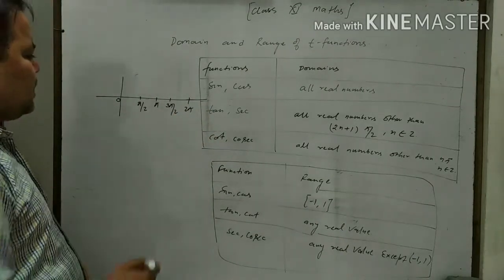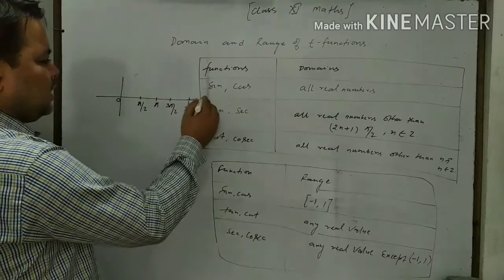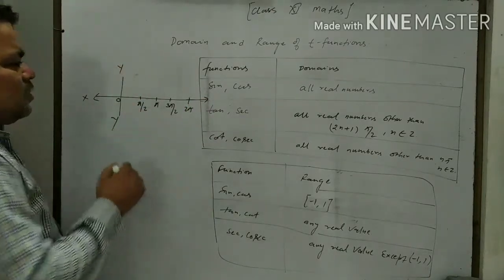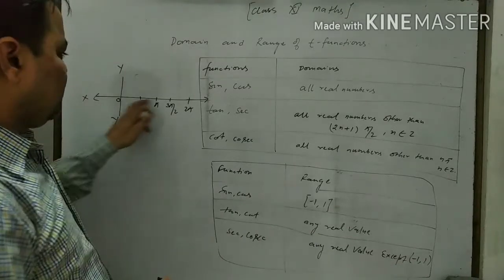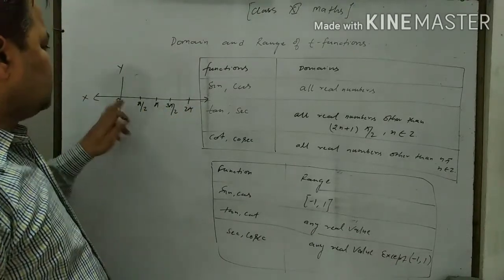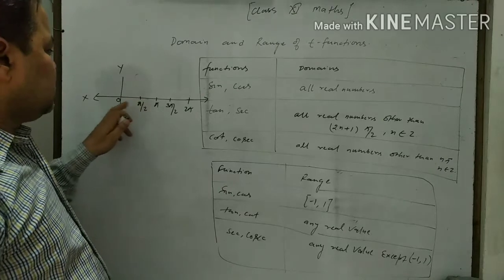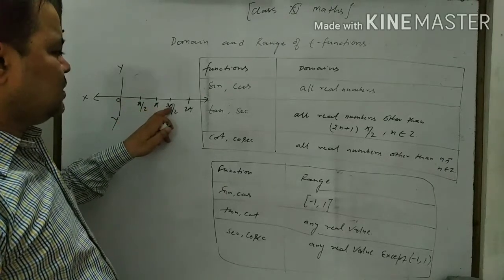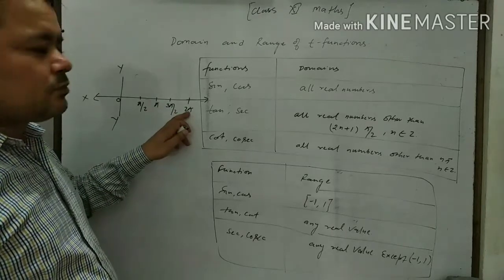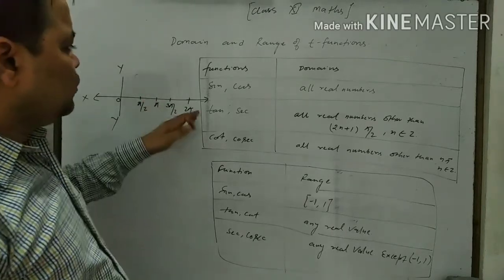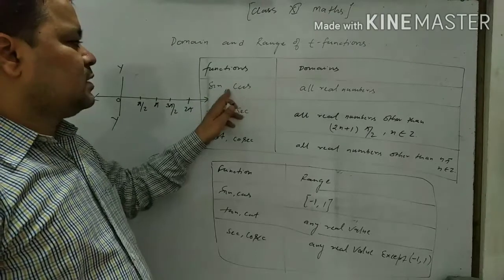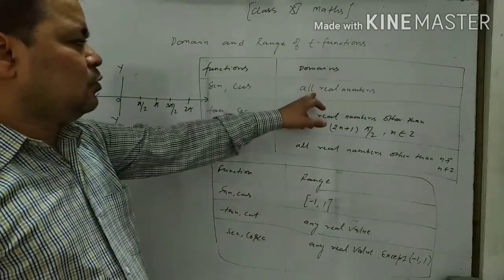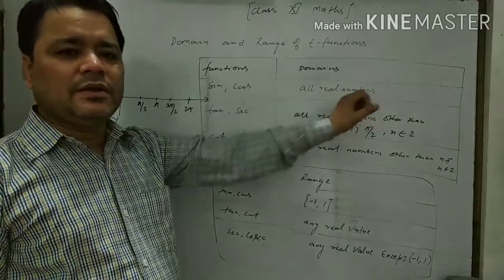So this is x and this is y. Whatever value we take for x, 0, pi by 2, pi, 3 pi by 2, 2 pi, for all these values we have some value of sine and cos. Therefore, the domain will be all real numbers.